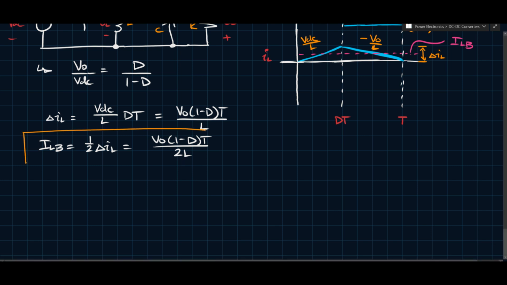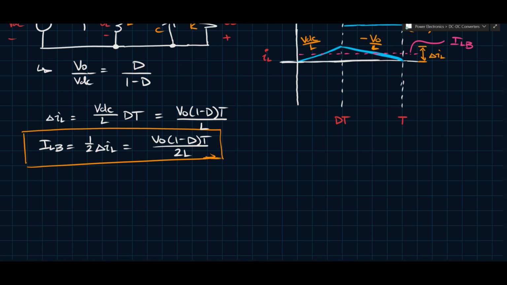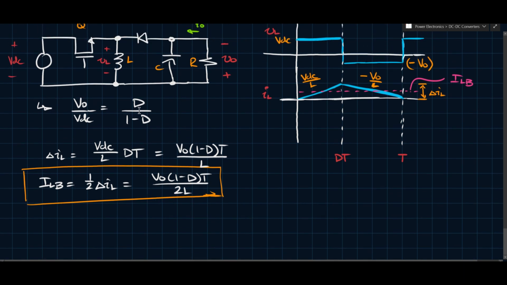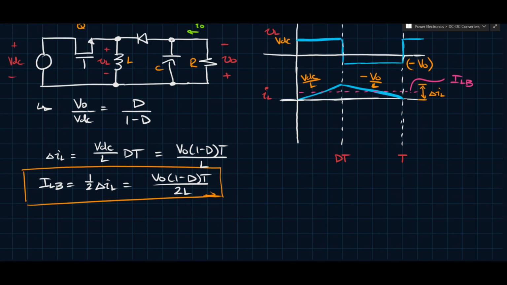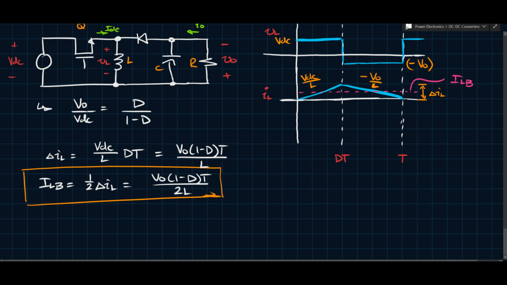And so we can highlight that because it's fairly important. Depending on what you choose to compare, you can use this to determine whether the converter is operating in CCM or DCM. If you want to compare it with the output boundary current, IOB, we can look at the circuit here and establish that if this current here is IDC and this current here is IO, then this current here must be IL.